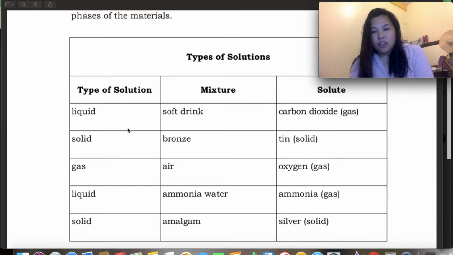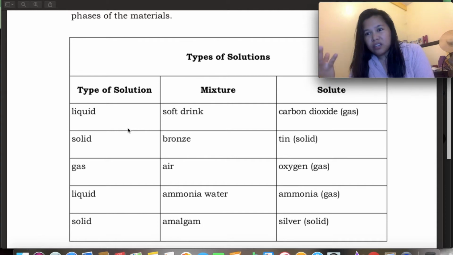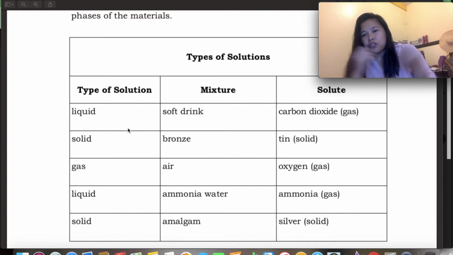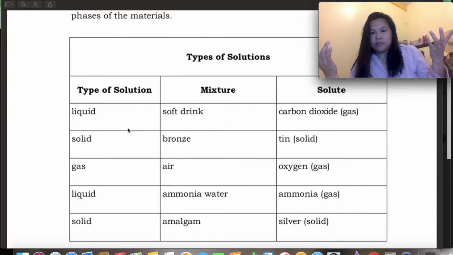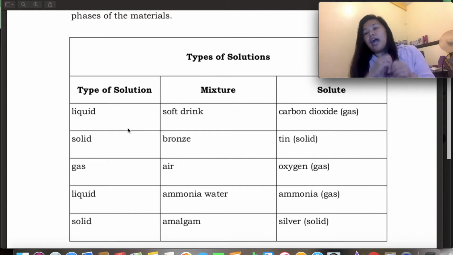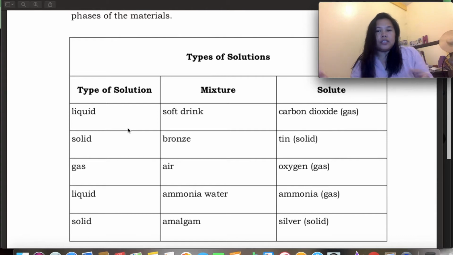But it is a soft drink. That doesn't mean a soft, malleable drink. And the solute of this mixture, you notice that when you open a soft drink, there is a gas. It is called carbon dioxide.